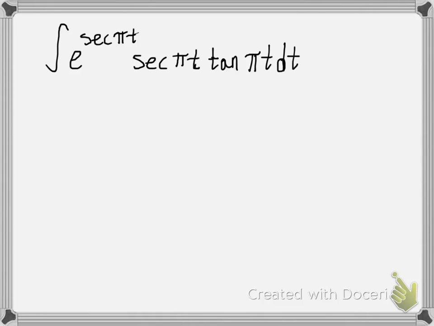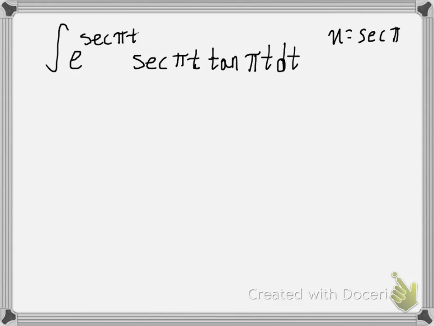So let's think of this secant. We see this secant here, and remember, we're dealing with integrals of e to the u, so it's a little hint that we should let this equal u. What's the derivative of secant? Secant tangent, right? So we'll let u equal secant pi t. You know what? I should probably write it over here, more room.